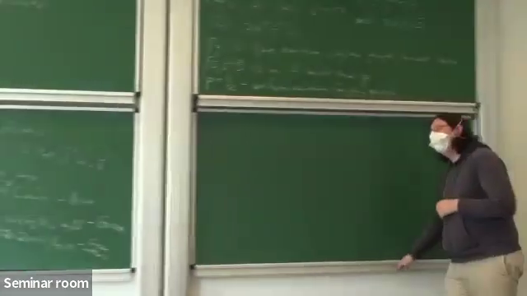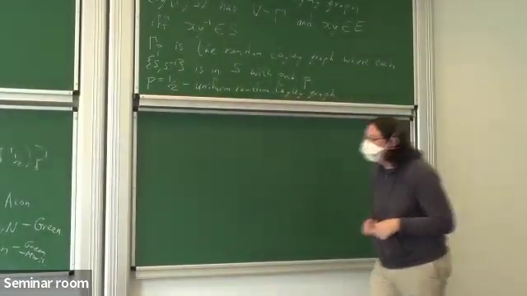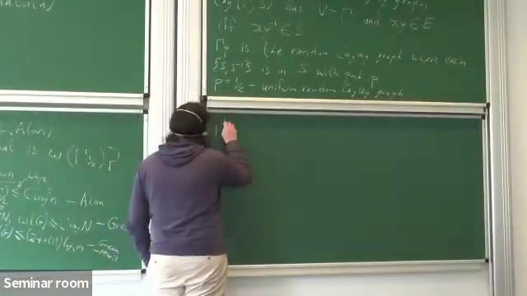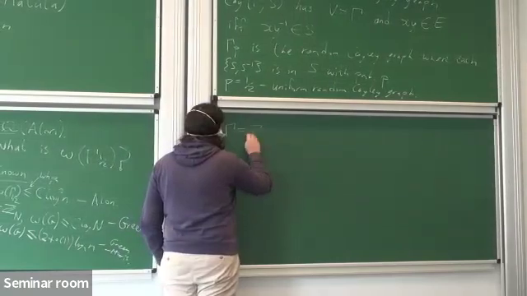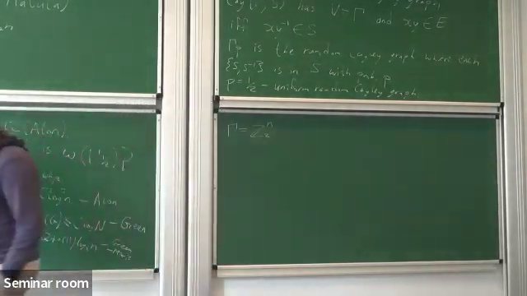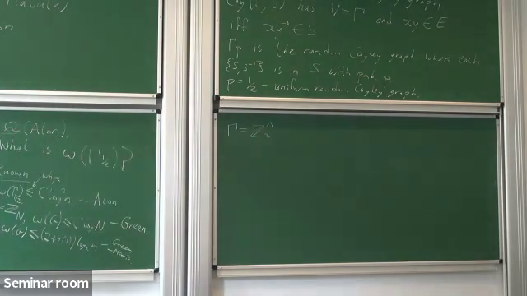Okay. So what if you change the group? Ben Green has some more results where he looks at this group, Z2 to the n. It turns out here the answer actually isn't log n.